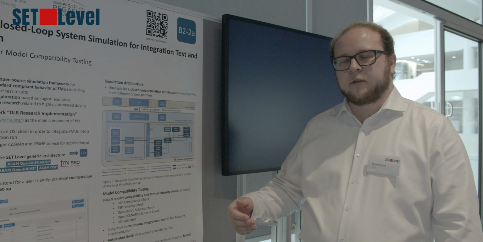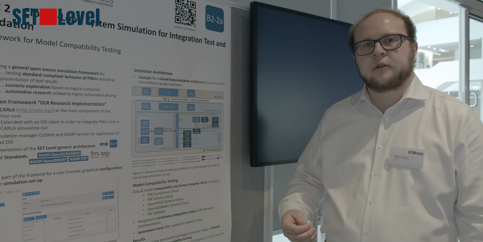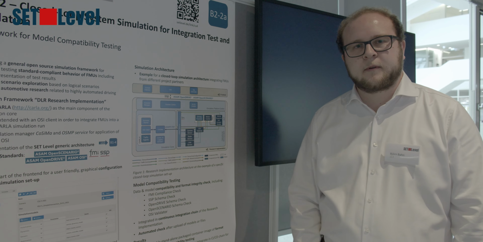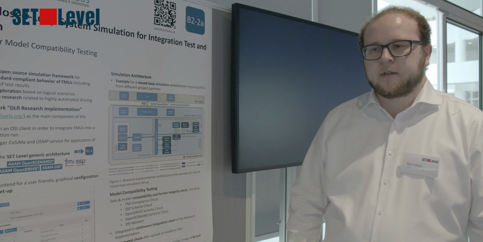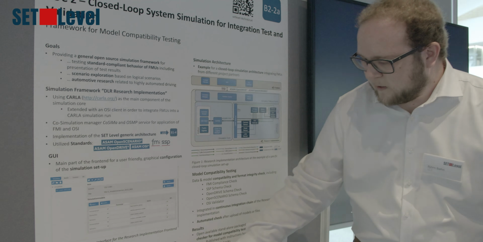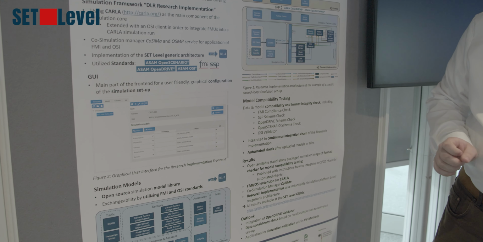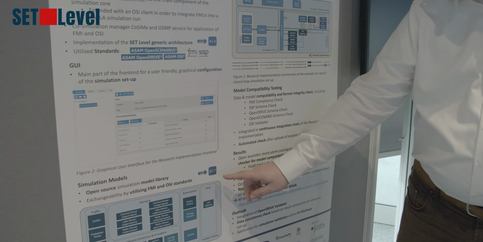The front end uses itself a storage, and this storage is GitLab. In this GitLab, we have saved the open source model library. These are models which use the standards FMI and OSI. You can see them down here, and if you want to learn more about them, you can visit the Marketplace booth B17.